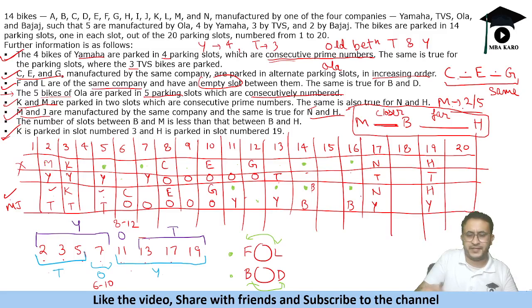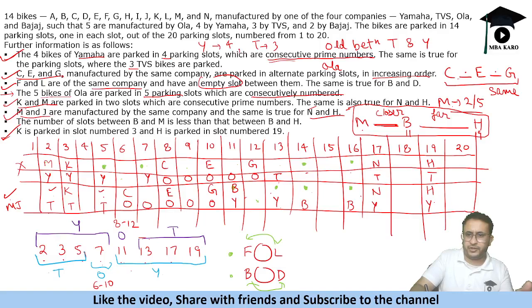And M is 2 or 5. So we cannot put B here. If we put B here, the difference is 6, and M is much more far. So that is also not possible. So B should be here. Now B is 11, H is 19. The difference is 8.